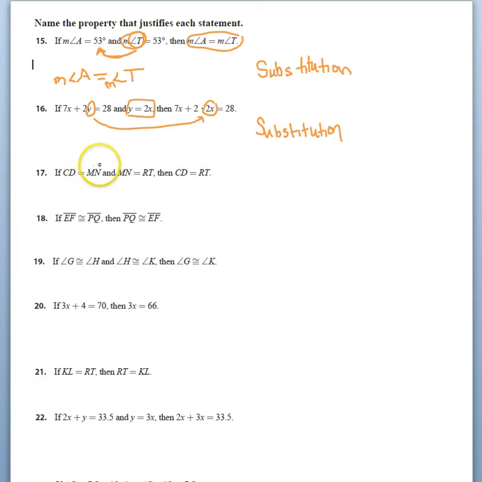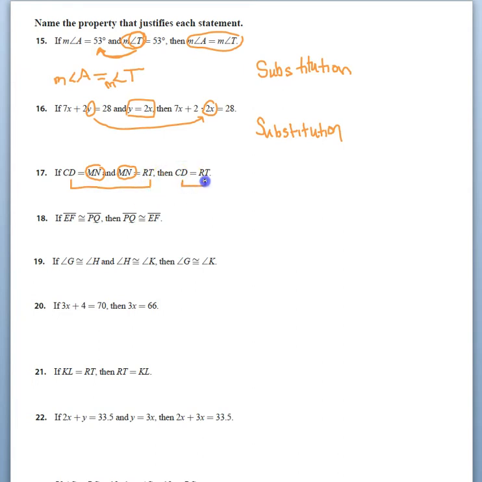So if you look at each of the first couple of statements, you have segment MN in each of those equations. And because CD is equal to MN and MN is also equal to RT, it would make sense that if CD and RT are both equal to segment MN, then they have to be equal to each other.